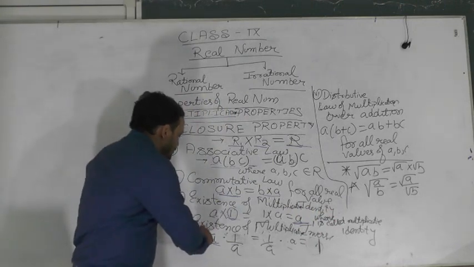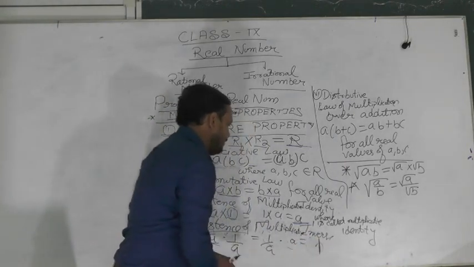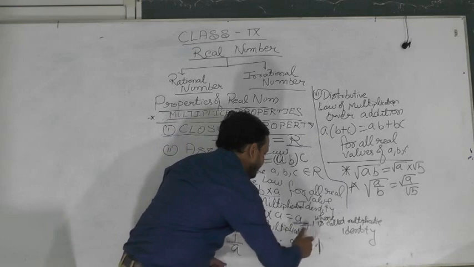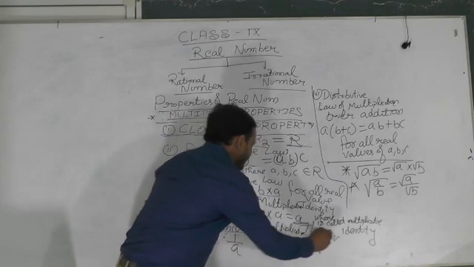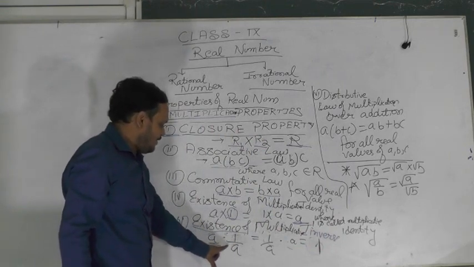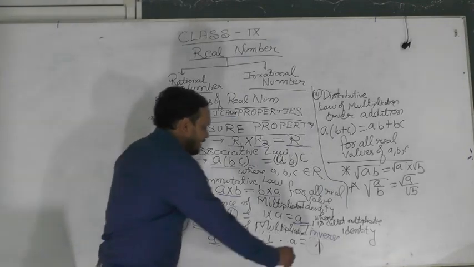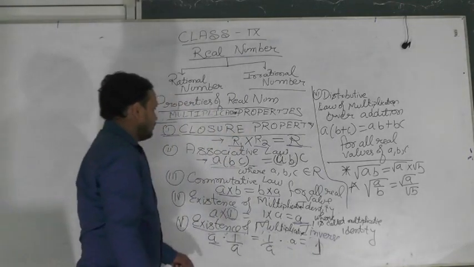Now come to the existence of multiplicative inverse. Suppose two real numbers A and the reciprocal of A, 1 by A. If both numbers are multiplied to each other, then we get 1.